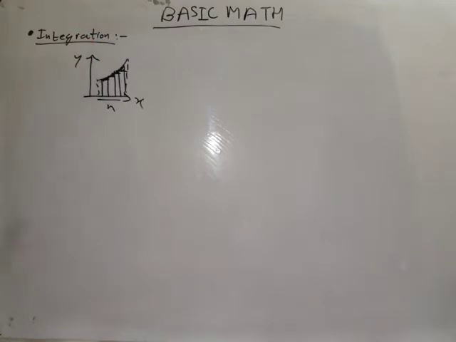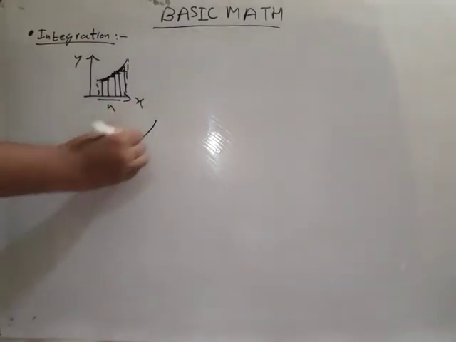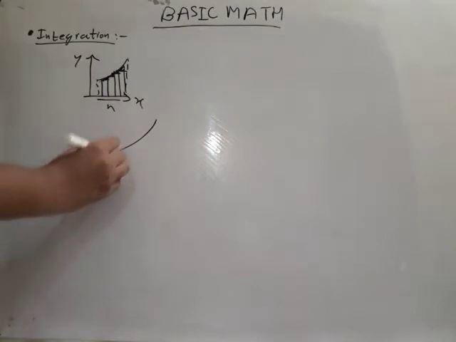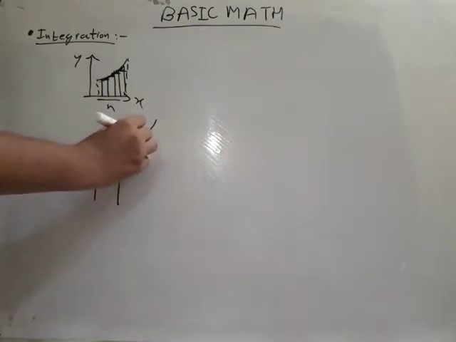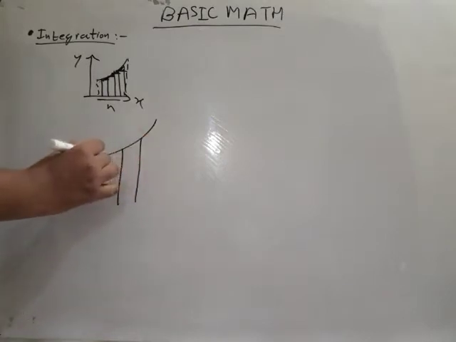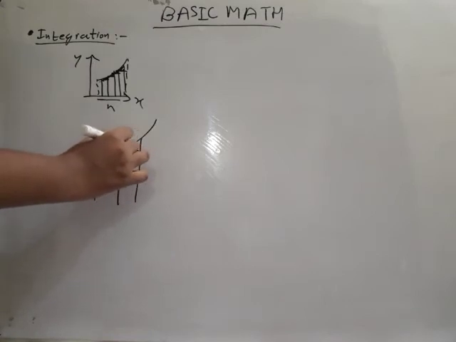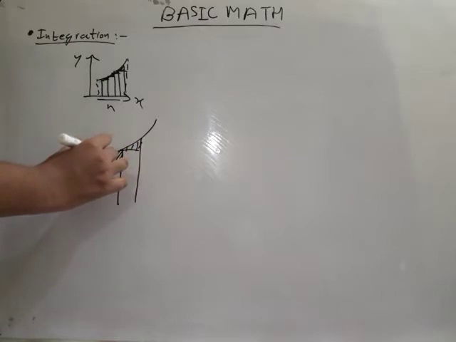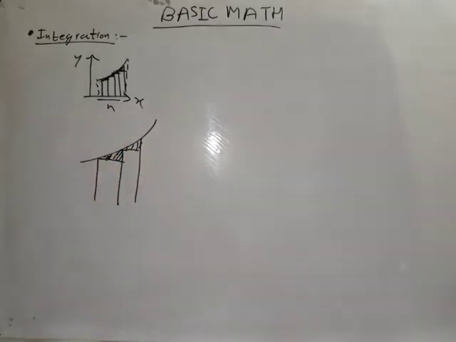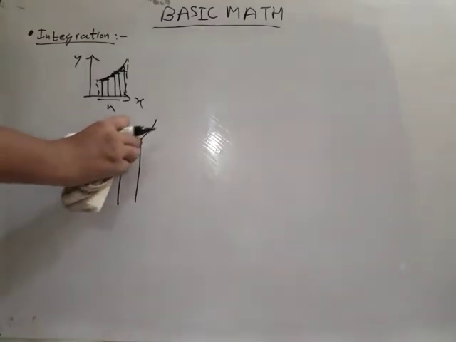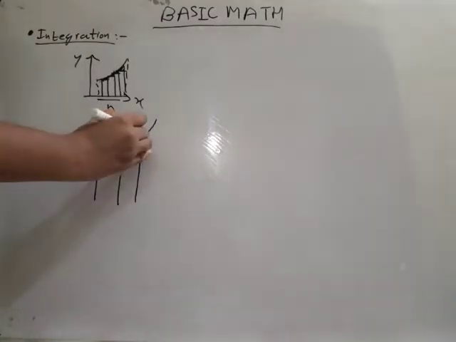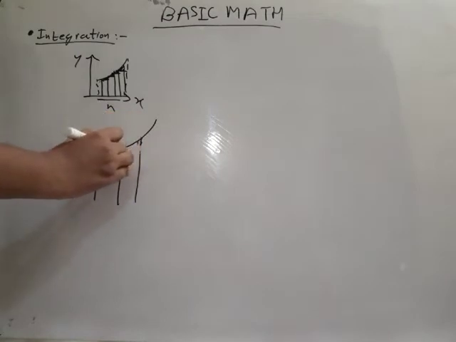Now if I increase the value of n, I am showing you in bigger size. Now see, suppose the value of n is less, then a bigger amount of space has not been calculated. Suppose I make n equal to n by 2, then there are more rectangles.